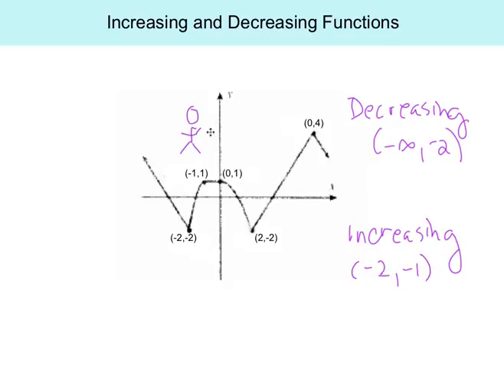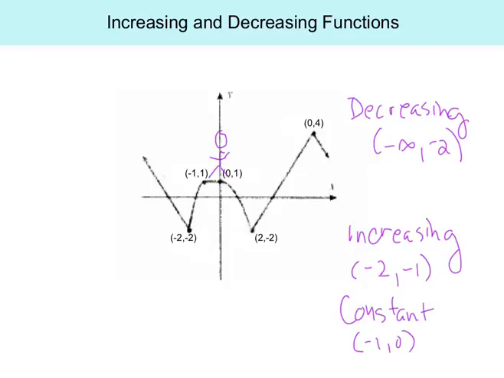Now at this point, our person is standing here and they are going to walk without going uphill or downhill from negative 1 over to x equals 0. So at that point, our function is constant. And again, that's from negative 1 to 0.